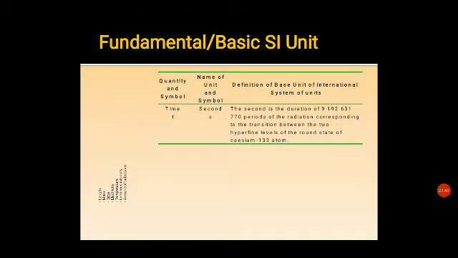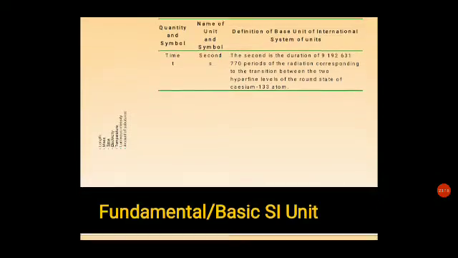Next we have time, which is based on the cesium atom, cesium 133: 9,192,631,770 periods of the cesium atom.